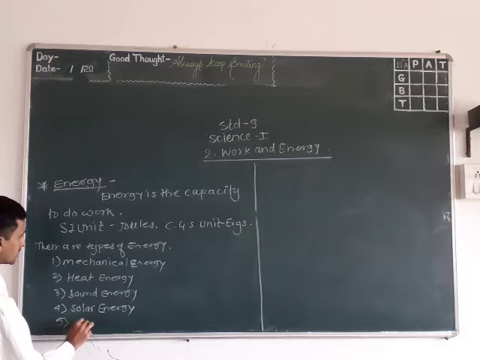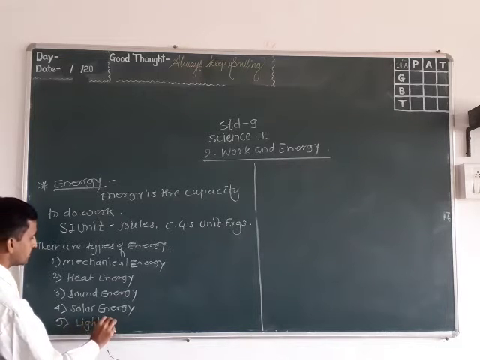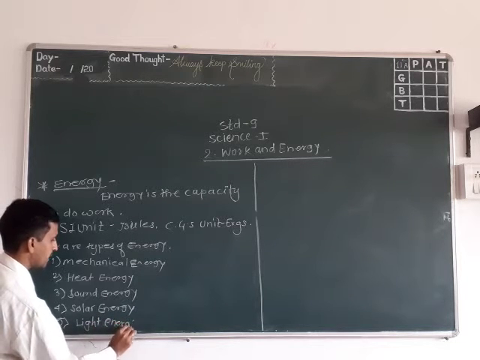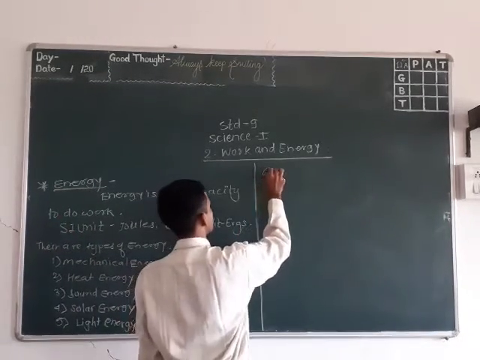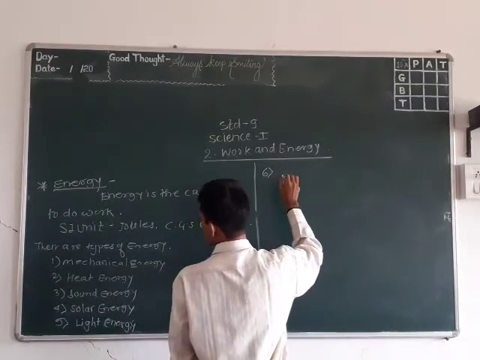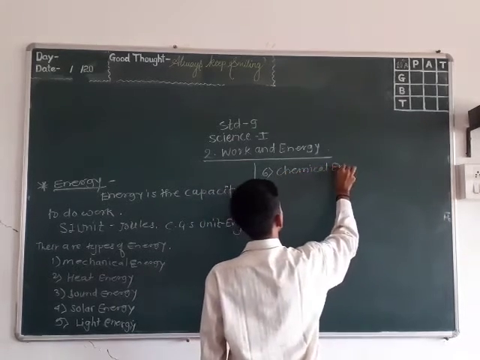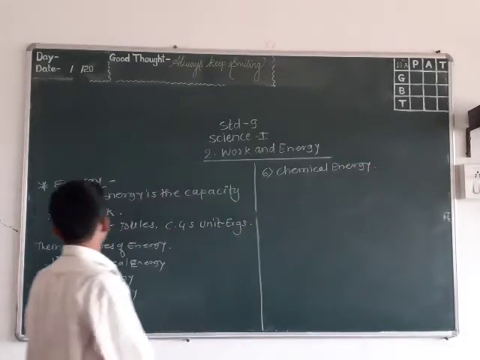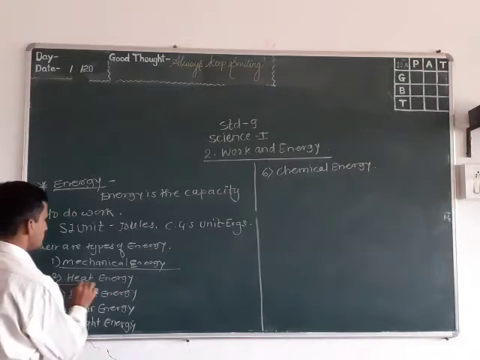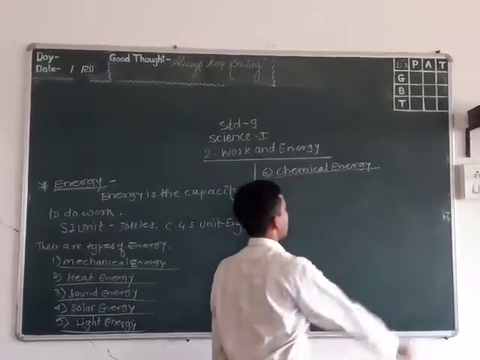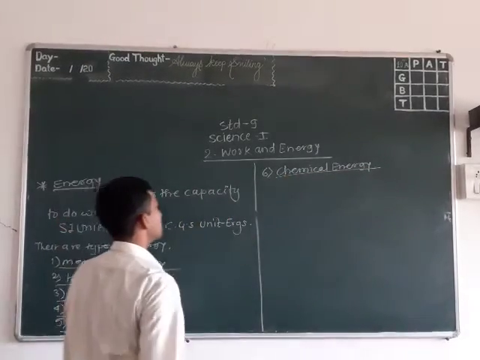Fifth, light energy. Sixth, chemical energy. There are 6 types of energy: mechanical energy, heat energy, sound energy, solar energy, light energy, and chemical energy.